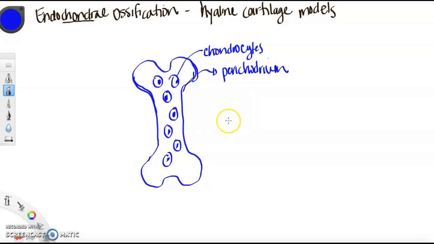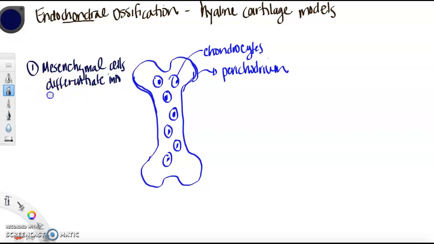So when it's time to differentiate, to form this bone from this hyaline cartilage model, which is happening in mama's belly, and I don't remember the months, you have to look those up, week 9 or something like that, we have mesenchymal cells that will differentiate into, hopefully you guessed it, osteoblasts.